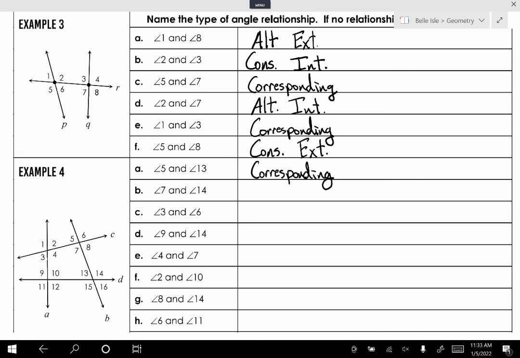Or like 4 and 13? Yes, you can. If you're looking at 6 and 11, you're only looking at these 2. Don't go to here and then here and then here. Does that make sense?